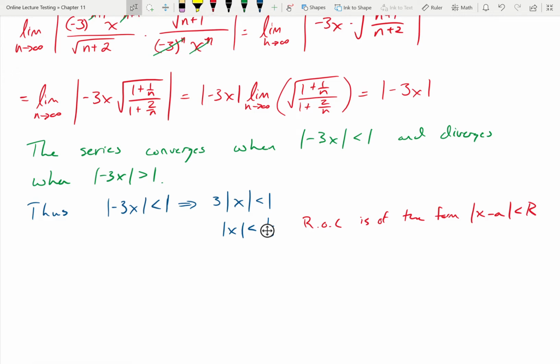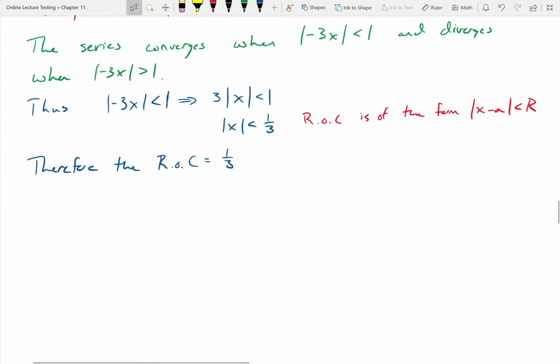So that's what we got to be careful of. All right, so here our radius of convergence is equal to 1/3.